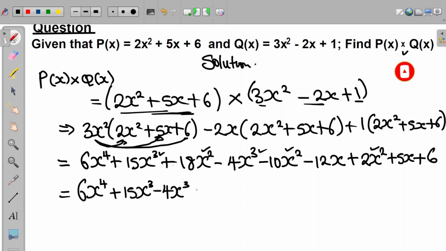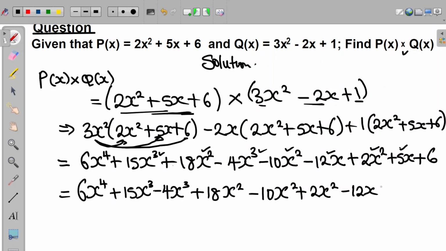So this becomes plus 18x² minus 10x² plus 2x². Again, looking at the expression, we have negative 12x at this point, and here we have plus 5x. So this becomes minus 12x plus 5x. Now, since we have only one constant here, which is 6, we'll say plus 6.